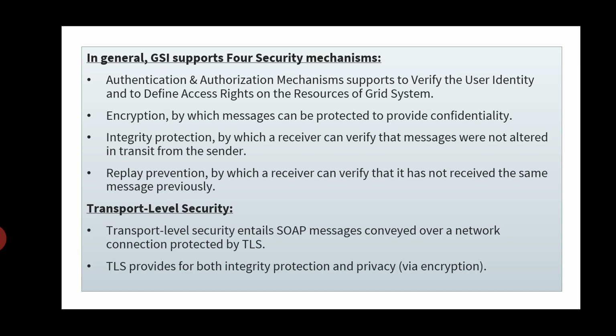Now we can study in detail what transport level security is. It entails Simple Object Access Protocol messages conveyed over a network connection protected by transport level security. Transport level security provides both integrity protection as well as privacy via encryption.